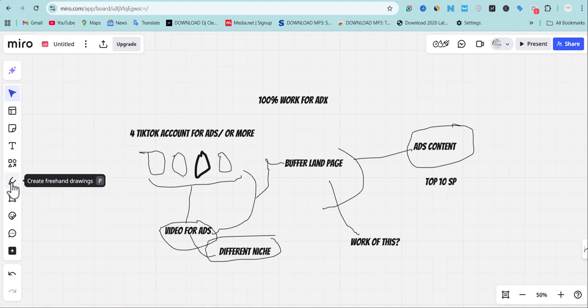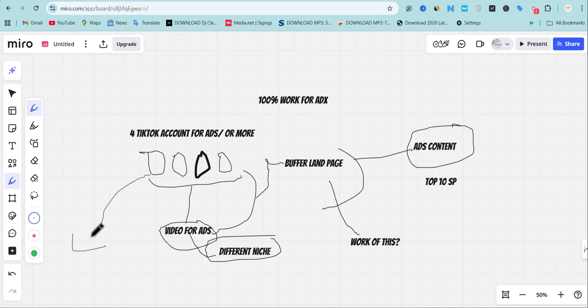If one account is giving you, let's say for example, 400 clicks, and another one is giving you 300 clicks at the same time, that's the winning purpose of ads. If you really want to win in ads, there should be a steady flow of traffic.